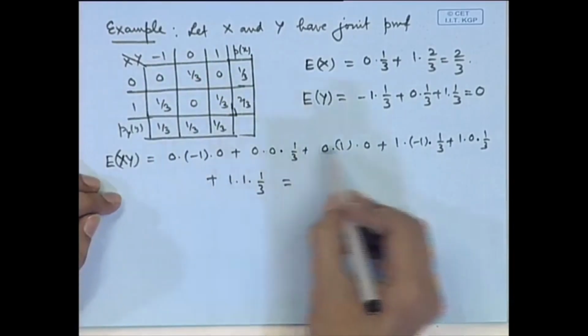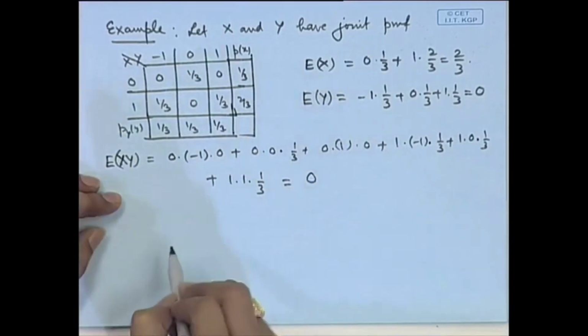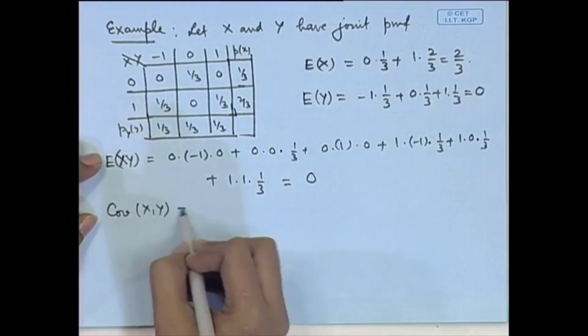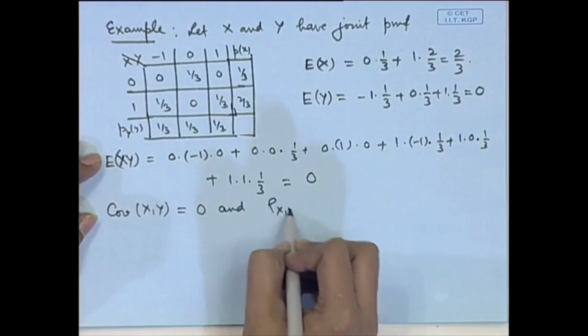You can see these terms vanish, we are getting minus 1 by 3 and plus 1 by 3. So, it is 0. Therefore, the covariance term is 0 and consequently, rho x y is 0.